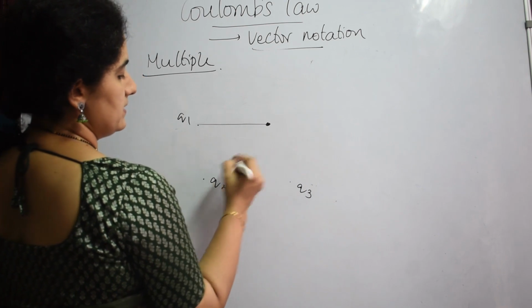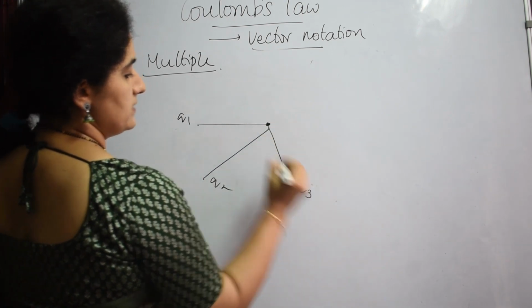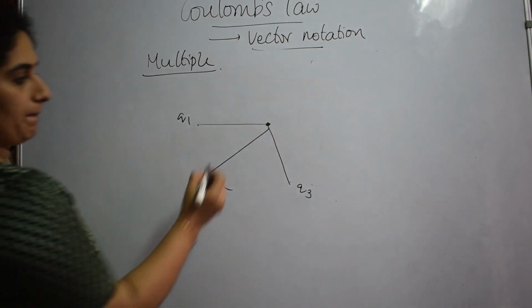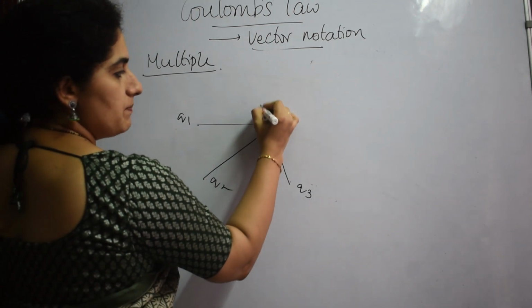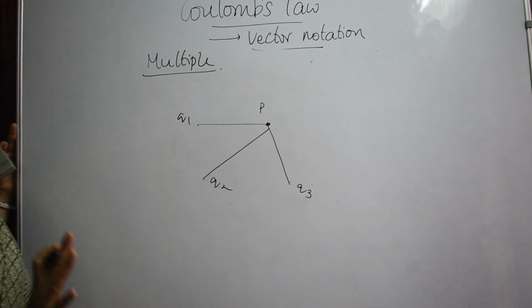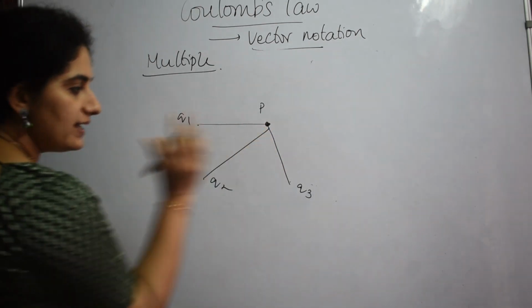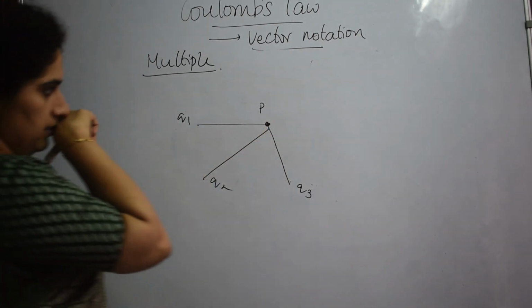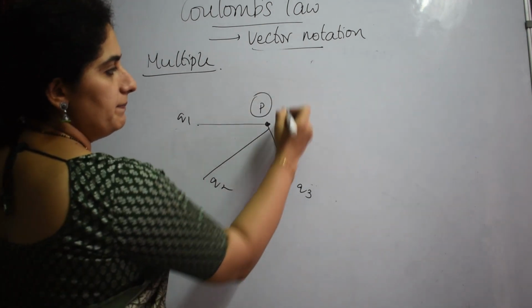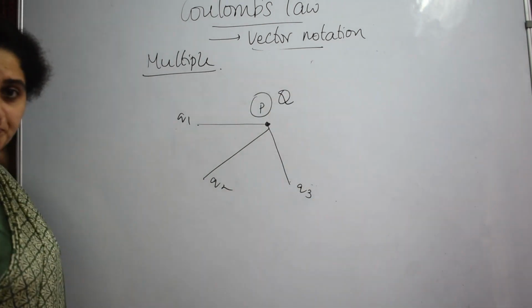How will I deal with this? The force experienced at this point P, I have to mention the vector notation. So when I consider this point P, say that you have a charge Q.